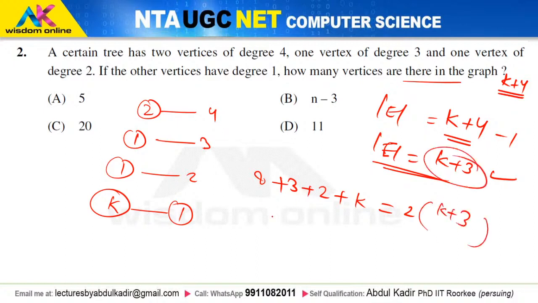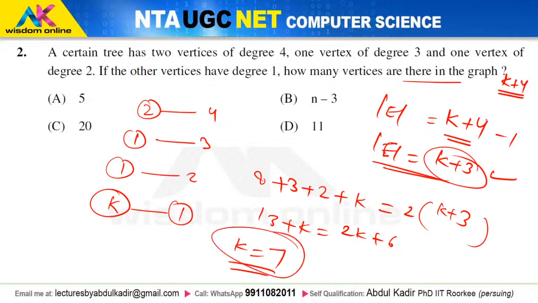So finally you will get 13 plus k is equal to 2k plus 6. From here you got k equal to 7. So our answer will be 7 plus 4, that is 11. So the answer will be 11. Okay, let's see the next question.